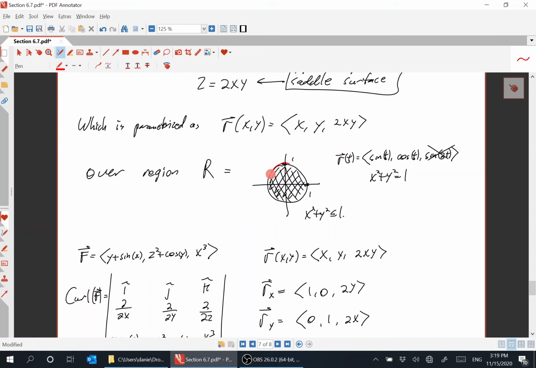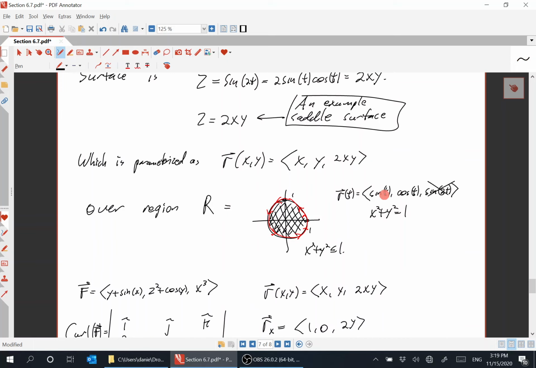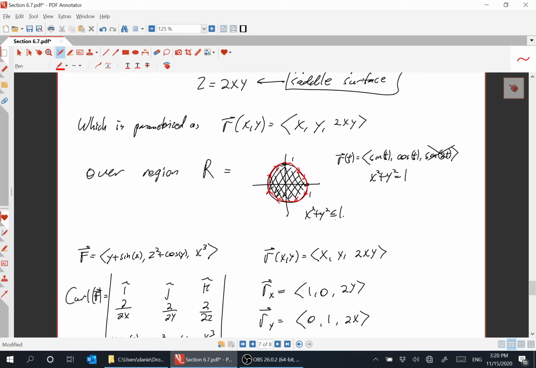Well, the boundary curve C: x is sine t, y is cosine t, the other way around. So at t equal to 0 we are here. At t equal to pi over 2, we're here. So it's oriented in the clockwise direction.